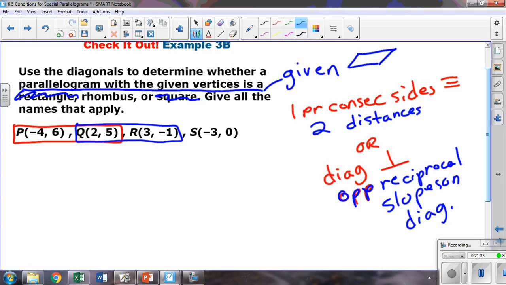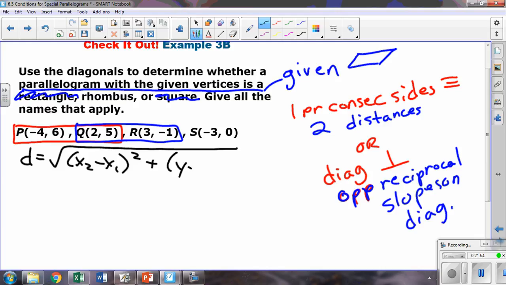Since we're picking distance, we would have to take consecutive sides, and since I already did PQ and QR last time, why not just use those consecutive sides again? All right, so we know the distance formula is essentially the Pythagorean theorem. And so we'll start off here, our distance PQ.